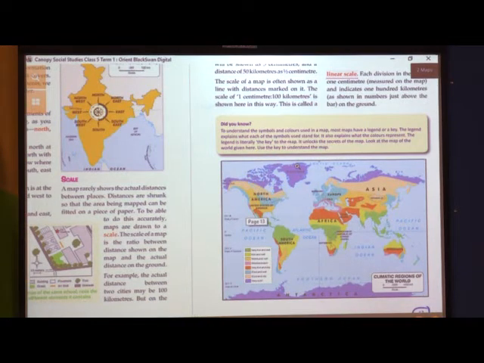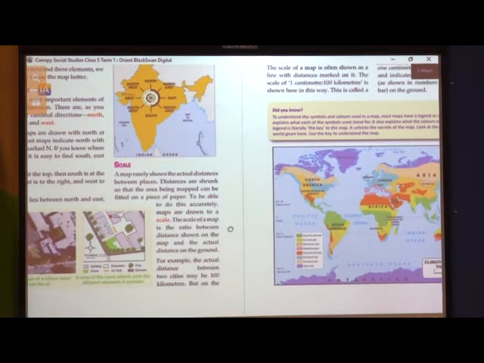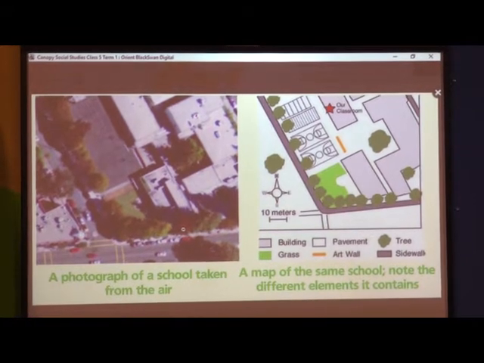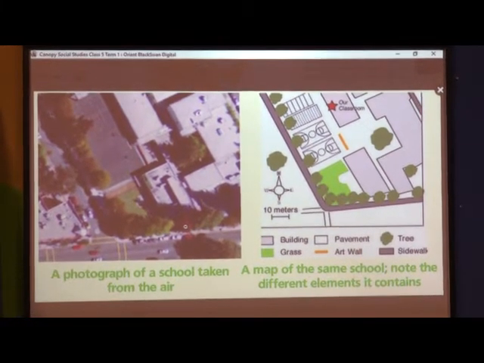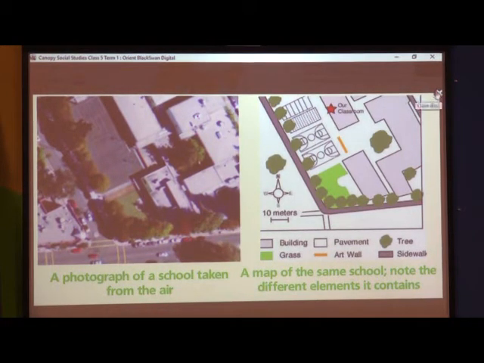If you are showing the world map, there are more chances of mistakes. And if you show the map of your school, your house, or your classroom, then the accuracy level will increase. And if you are talking about the world, the accuracy will reduce.